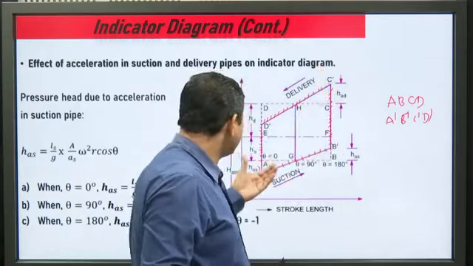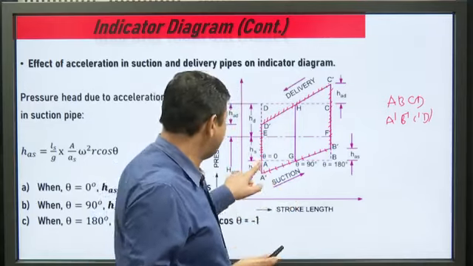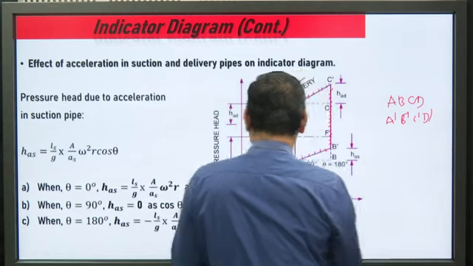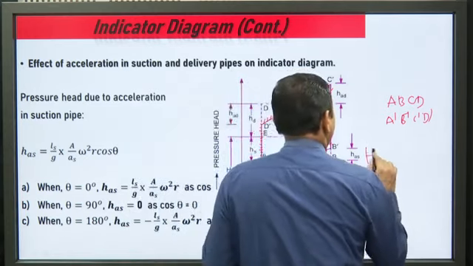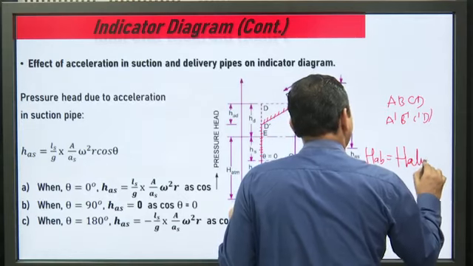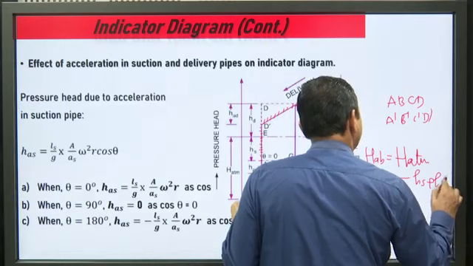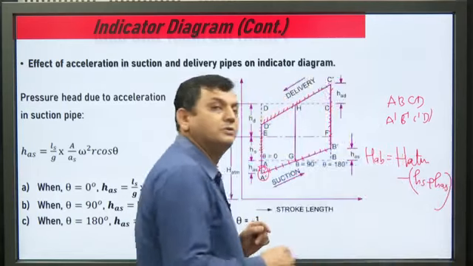All the time we have to calculate in terms of the absolute value. What is the absolute at this point, H absolute? We can write H atmospheric minus HS plus HAS. This is in terms of the absolute.